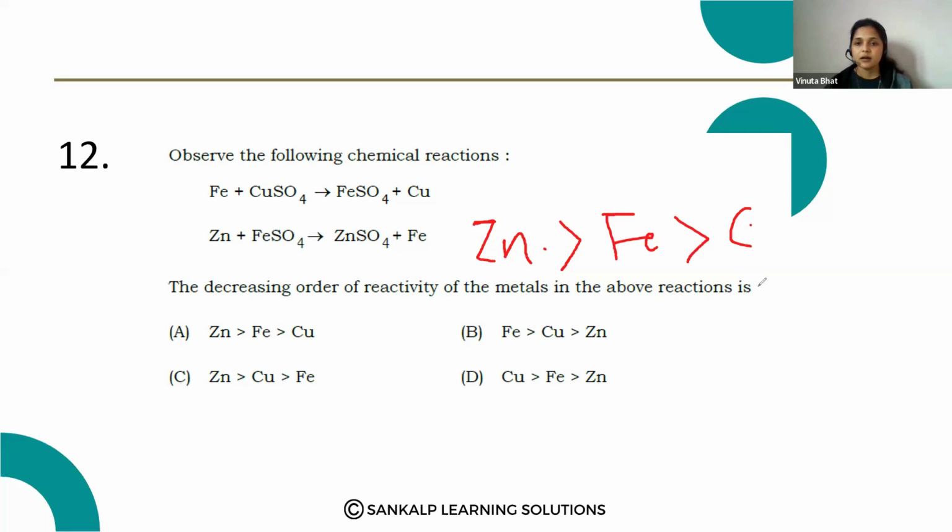Zinc, iron, copper. That is the decreasing order: zinc is highest, then iron, which is less than zinc, then copper, which is less than iron. So option A is the correct answer.